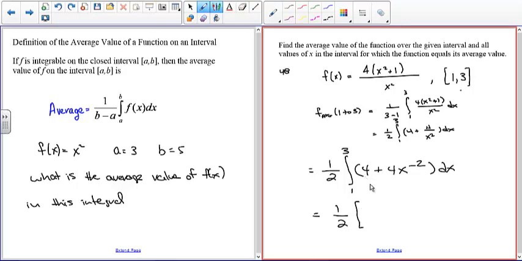Okay, so we take the antiderivative. The antiderivative of 4 is 4x. The antiderivative of this is going to be 4 times x to the minus, add 1 to the exponent, I almost did it wrong, x to the minus 1 divided by negative 1. And we're going to evaluate it between 1 and 3.